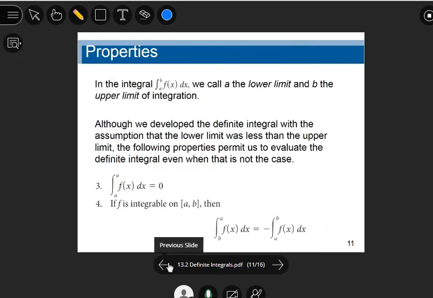And also, if we do the integral between a and a, the area under this curve is 0. It means like this. If we consider this is our curve, this is our a, and we do the same integral between a and a again, this area becomes 0 because it means there is no area in here. That is the idea.